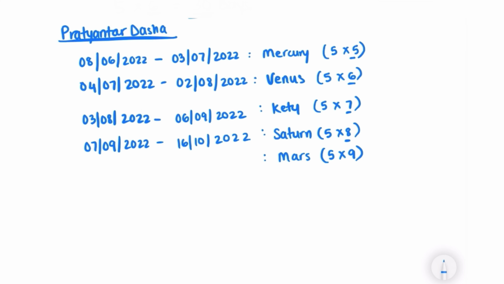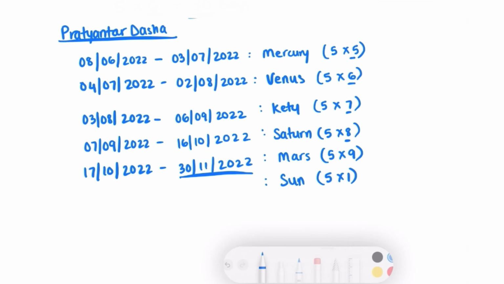So 5 times 9 is 45. So you add 45 to this date right here. And we get November 30th. So after 9, we go back to 1. So 5 times 1. Now we just count 5 more days to this last date that we calculated. Okay, so that's done.